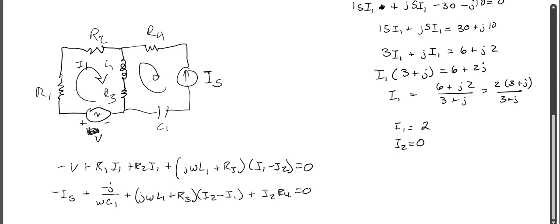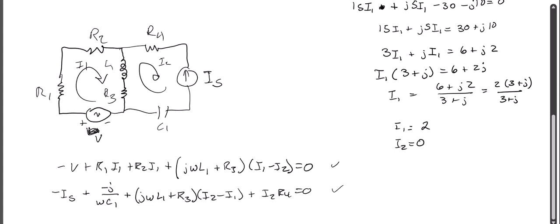You're not doing it separate for each branch. Like you don't do all of them equals 0 and then all of them equals 0. And there's not two equations. Well, these are my two equations. I have one for I1 and one for I2.